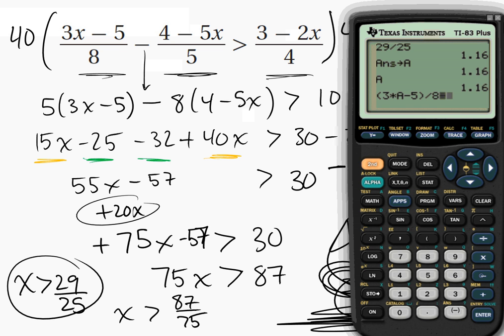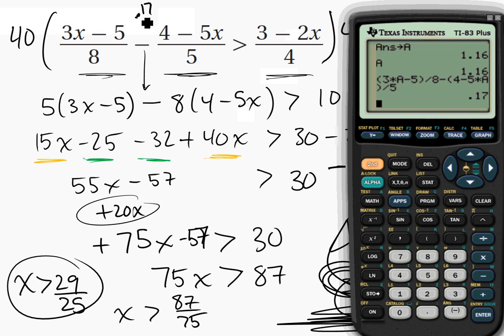And from that, I'm going to subtract 4 minus 5 times A. So open parentheses, 4 minus 5 times alpha A, close the parentheses and divide that by the number 5. Now, when I do that, this left-hand side gives me this boundary condition of 0.17.